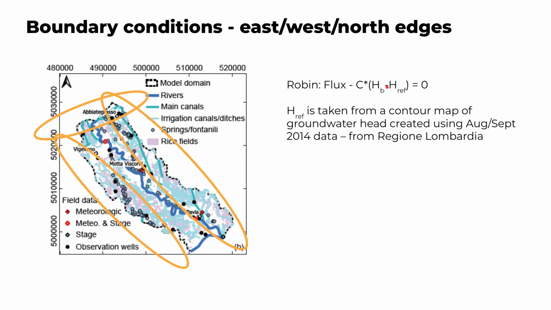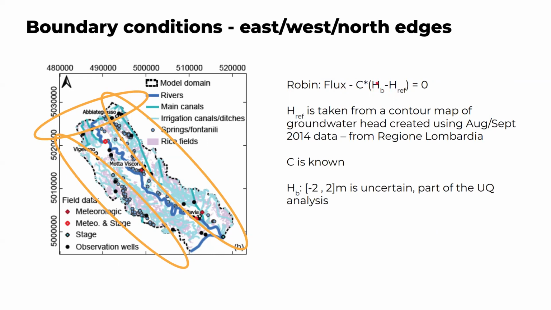The reference head is taken from a contour map of the groundwater head created by the region Lombardia. The constant is known, and what we don't know is the difference, this HB, the extra head with respect to the reference value.